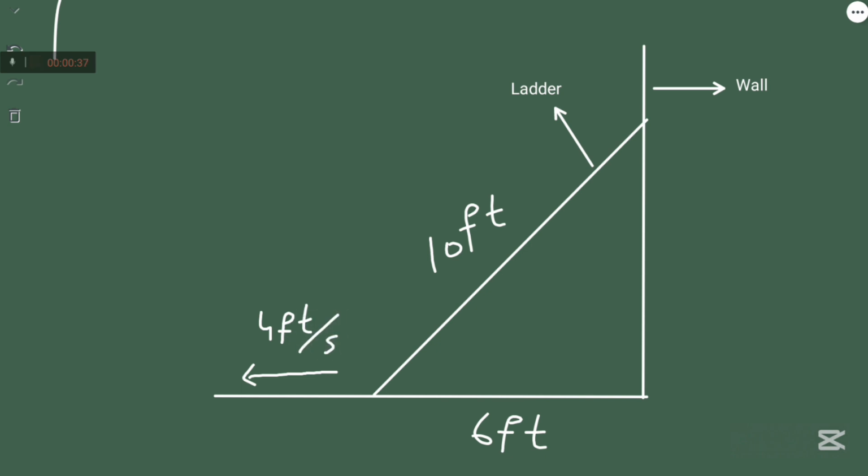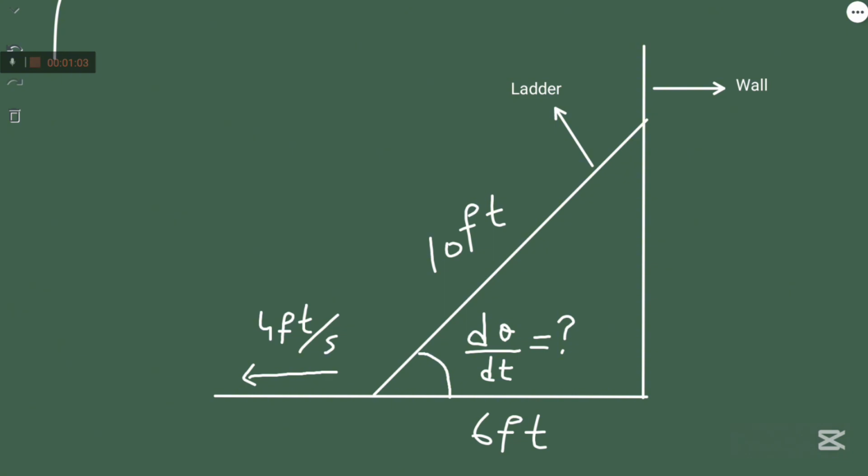We have to find the angle that is changing when it is moved away from the wall. I have to find d theta over dt, the angle that is changing here. We have to find this.